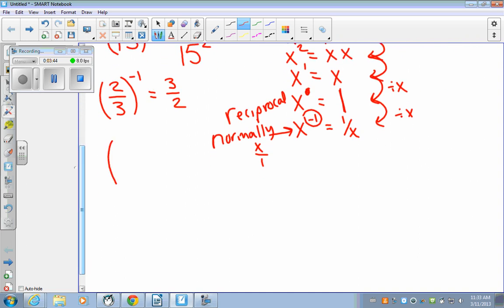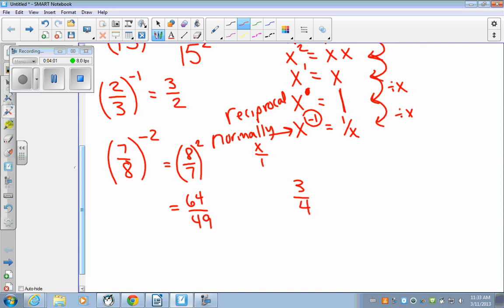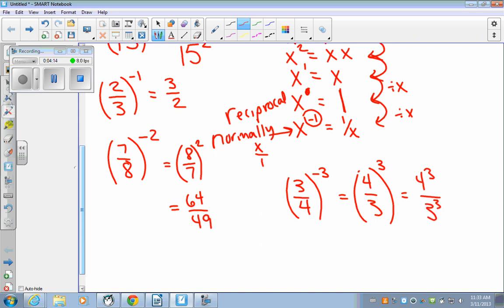If I had 7/8 to the negative 2, that would be 8/7 to the positive 2. If I had 3/4 to the negative 3rd, that would be the same thing as saying 4/3 to the positive 3rd, or 4 to the 3rd over 3 to the 3rd.